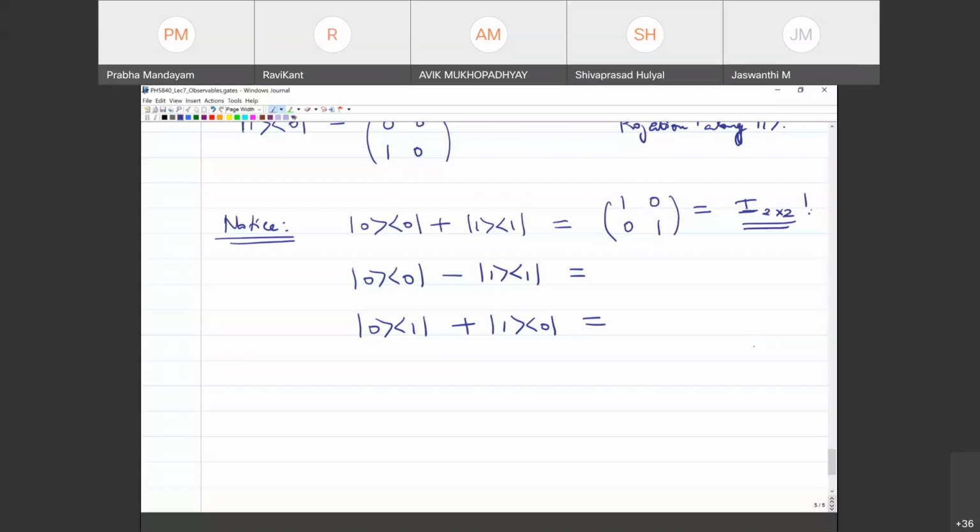Okay. Now this is an important property of an orthonormal basis. It is what is called a completeness relation. So what is this?